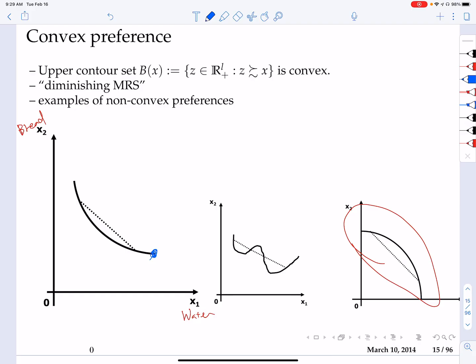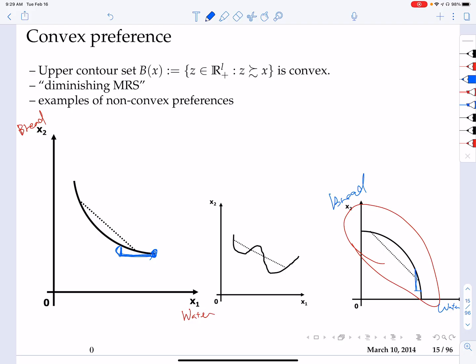But the last graph says you're willing to sacrifice very little water for a very large amount of bread, right? So that's quite an unlikely situation.